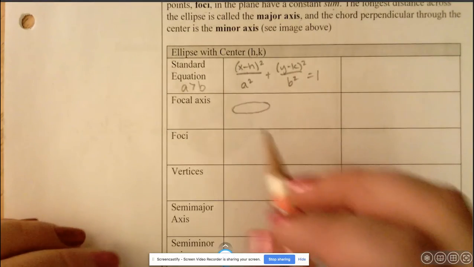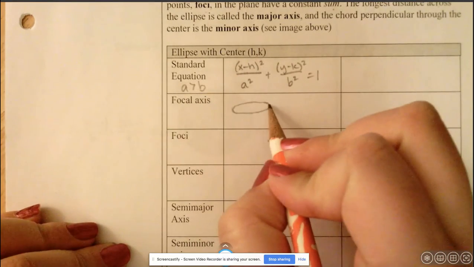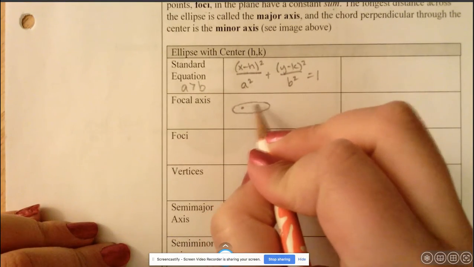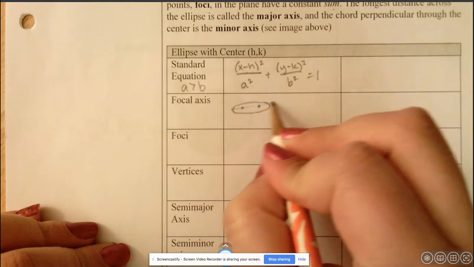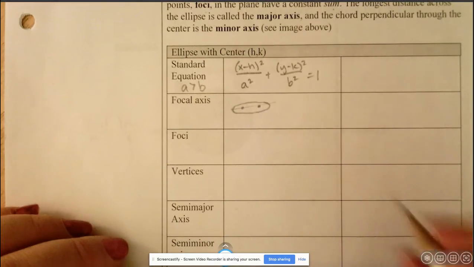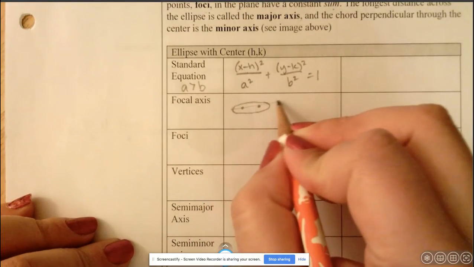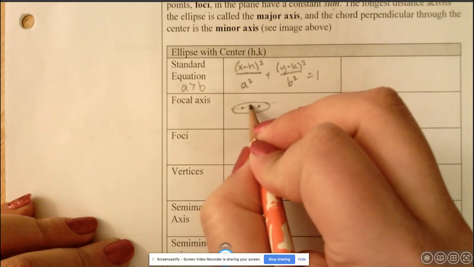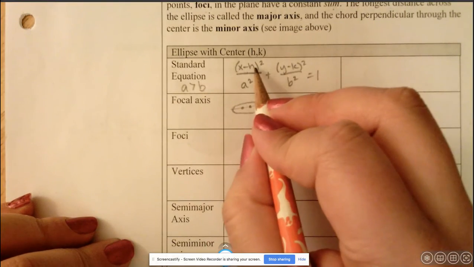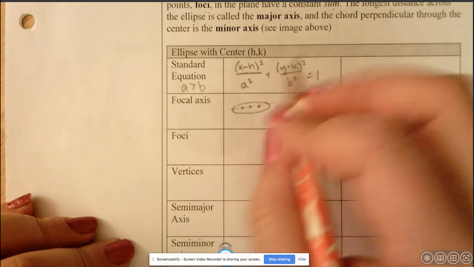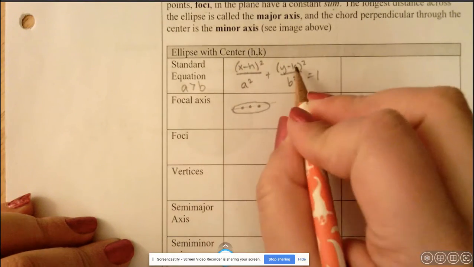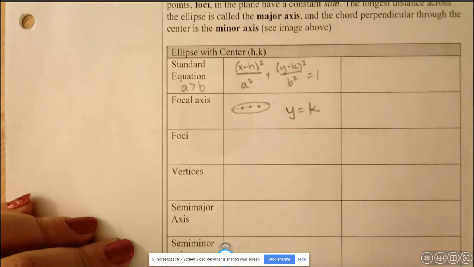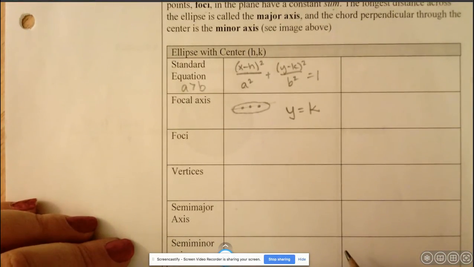Since our major axis goes in the direction of our x-axis, our focal axis is also that direction. So the foci are on this line here, and that's going to have the same height as the center of our ellipse. Now the center of our ellipse is h, k, so our height is k. That will give us the equation y equals k as our focal axis.